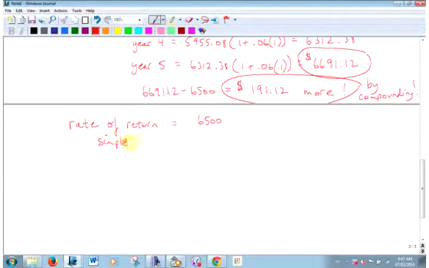Rate of return, what's the percent simple versus the percent compounded? So I put in 5 grand, I got 6,500. Of course, that's $1,500 in interest. Divide it by the amount that my principal was. What's the interest divided by the principal? That's 0.3, or we usually like that in percents, 30%.